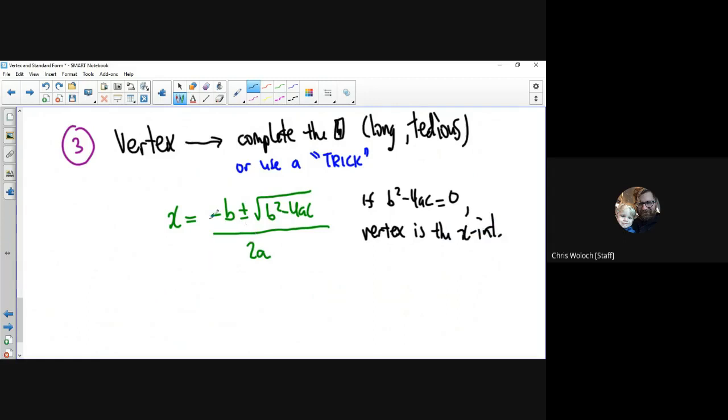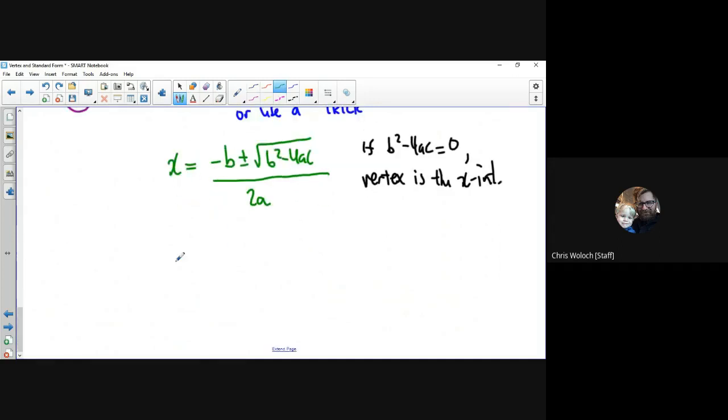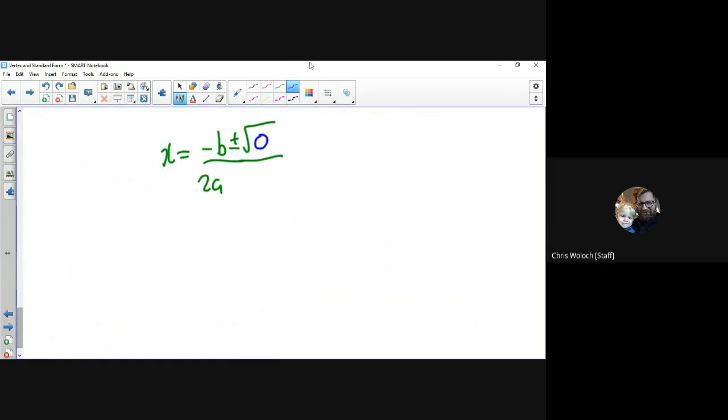So say you're just a curious kid, and you wonder, well, what happens if I plug that into this ugly looking beast over here? Well, I have negative b over 2a, and then plus or minus 0. Well, this goes away, right? It's essentially useless. So then I have x equals negative b over 2a.